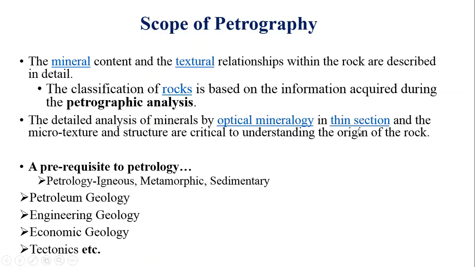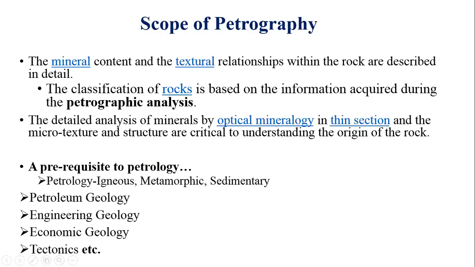In petrography, we not only get information about the mineralogical composition and textural features of rocks, but we can use that information for the classification of that rock, that is, to which category the rock under study belongs.